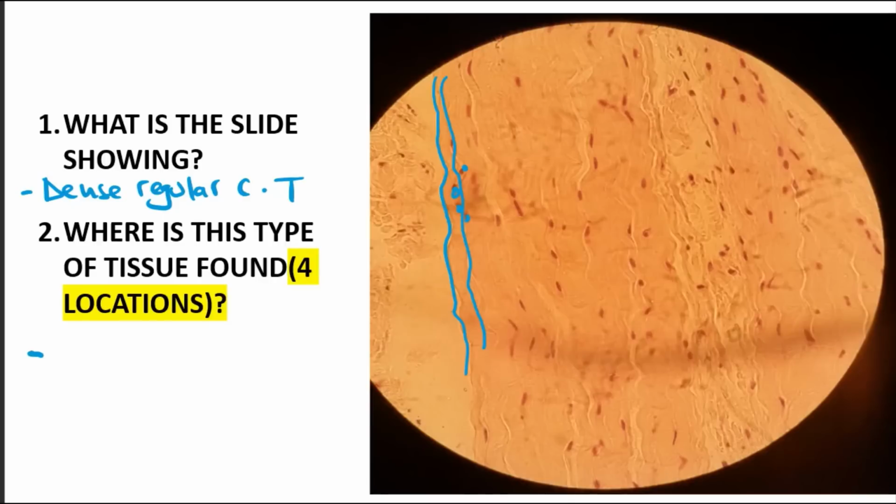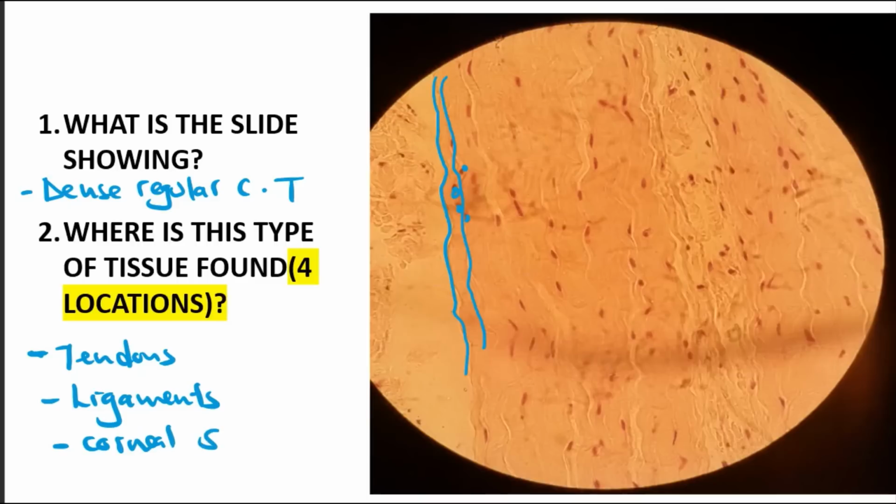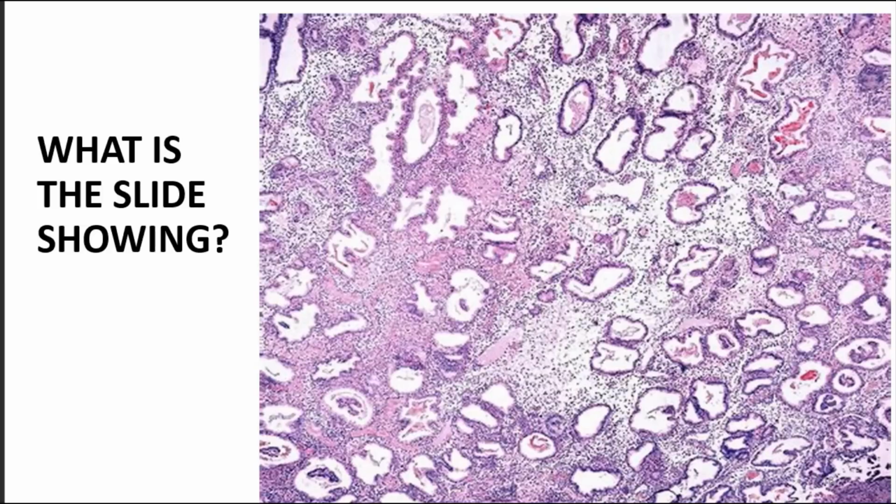Where is it found? This tissue is found in tendons, number 1. It's found in ligaments, number 2. Found in the corneal stroma. And it is also found in aponeuroses. Okay, let's move on.